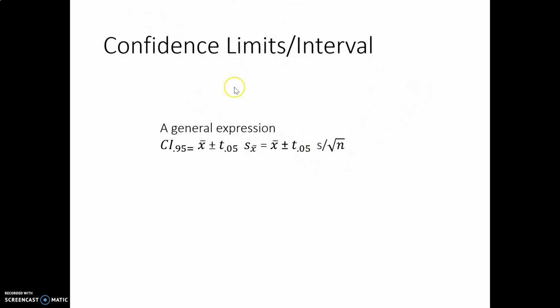So to summarize this lecture, we talked about when we want to compare a sample with a population's mean, right? We want to see whether this sample is coming from this population, or the sample has the same mean as this population. And in this situation, we have no information about this population's standard deviation, right? So the only information we have about this population is just the mean of the population. So what are we gonna do? We're gonna use our sample's standard deviation to estimate this standard error, okay?